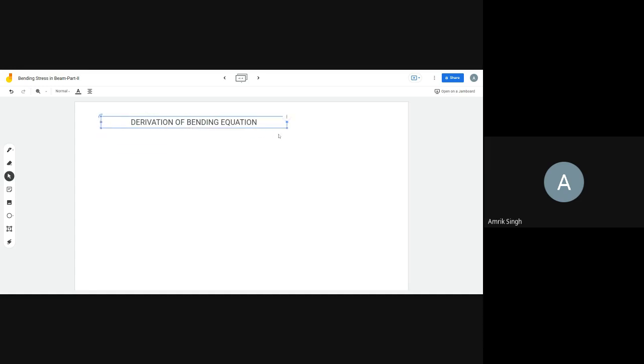This is known as the bending equation, or we also call it somewhere the bending formula, or there is a name which is known as the flexural formula.